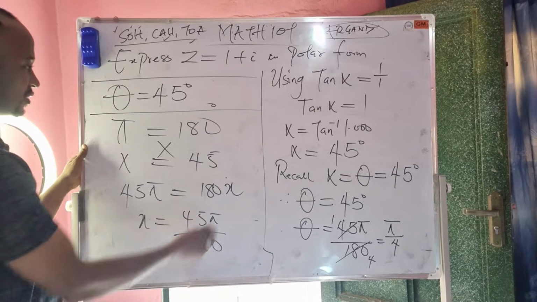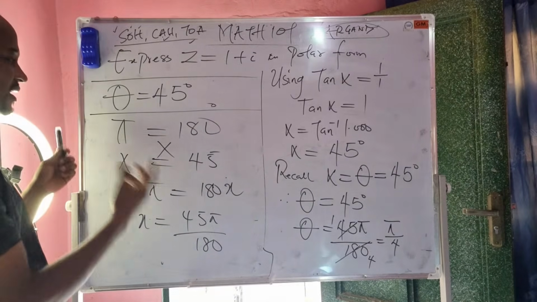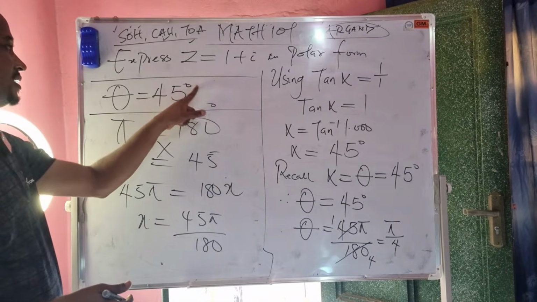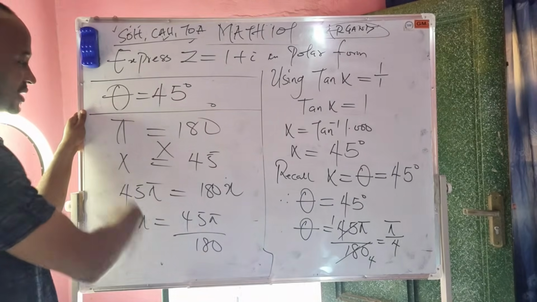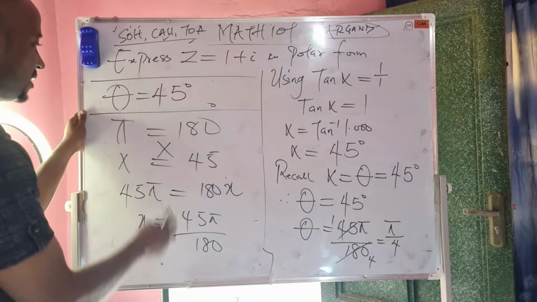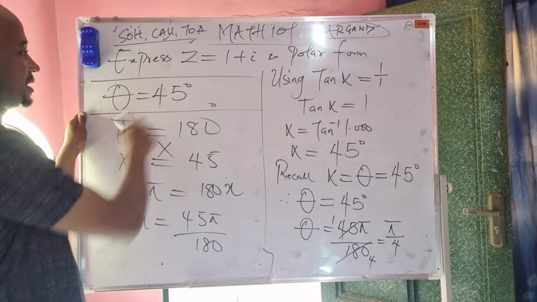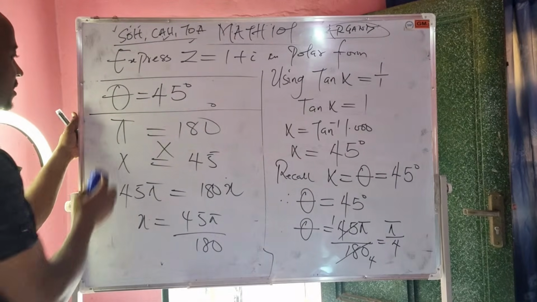Instead of following this long process, the easiest way to convert is to just multiply the 45 degrees by 1 rad, then divide by 180 degrees. You don't need the long process.